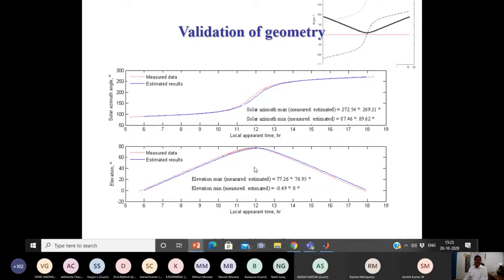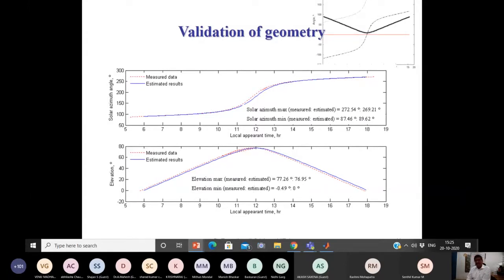Now in the drawing you see the dotted line shows the measured data, and the continuous blue line shows the estimated results. There is a small deviation. Actually this small deviation is not because of error. This deviation is caused because of the phase change. If you are not able to find exactly the actual sunrise time and estimated sunrise time, for example, there is a 1 minute error. If it is 1 minute early or 1 minute late, what happens?